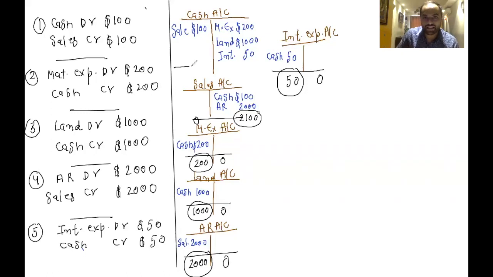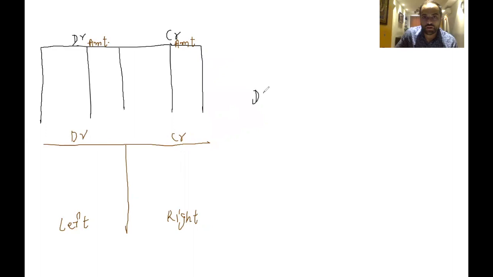Now, cash. You have some amount on the debit side, some amount on the credit side. All right. So now remember one thing. If your debit side is greater than credit side, your balance will be a debit balance.